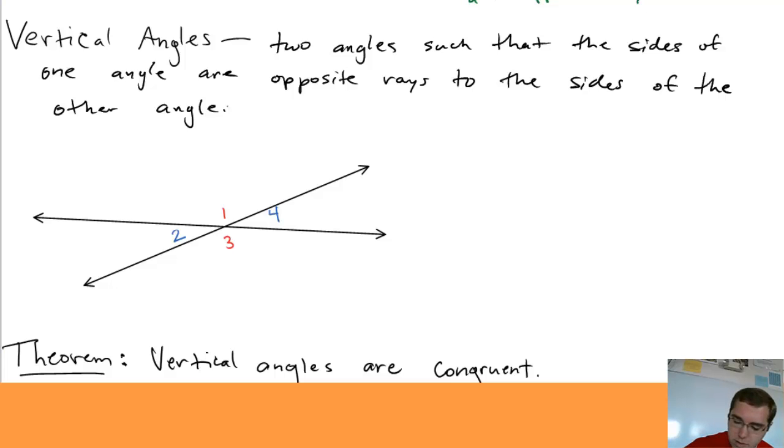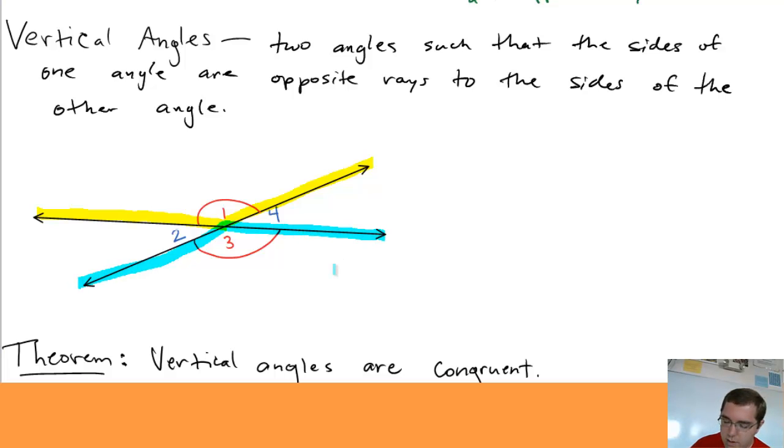In this picture here, angle 1, this angle, and angle 3 are vertical angles because the sides of angle 1, which I'll highlight here in yellow, those are the sides of angle 1. Those are opposite rays to the sides of angle 3, which I'll highlight in blue. Okay? This ray has this one as an opposite ray.